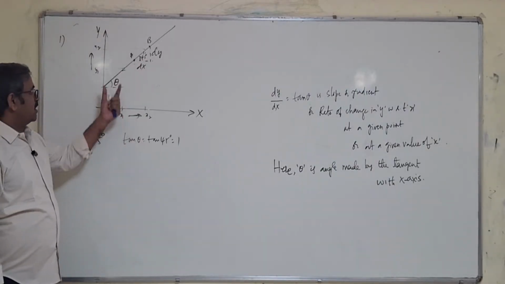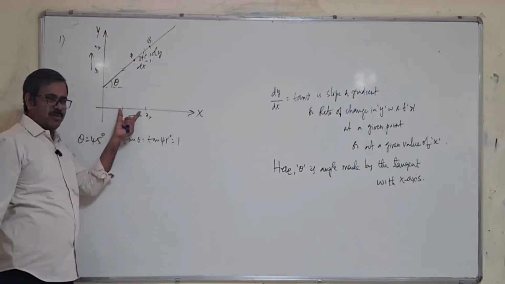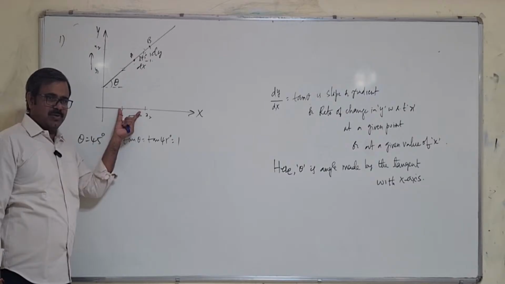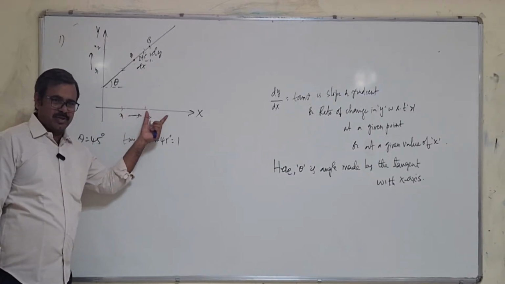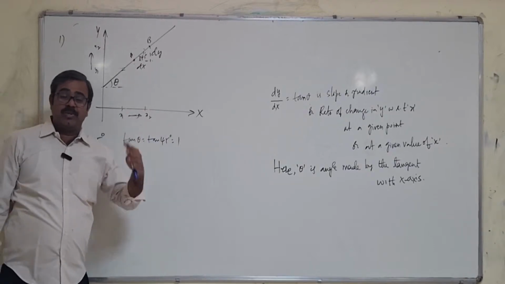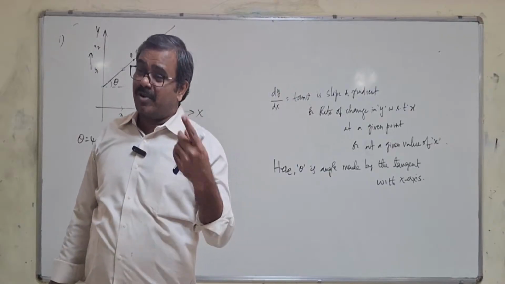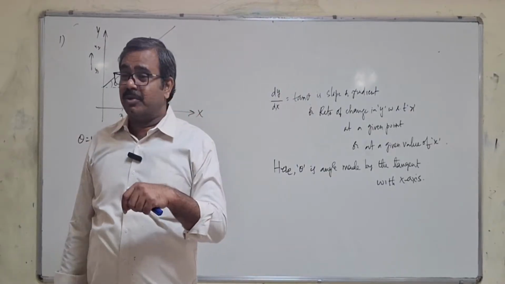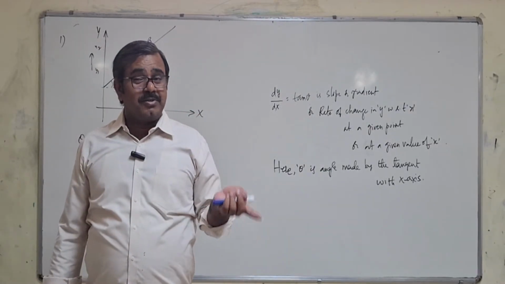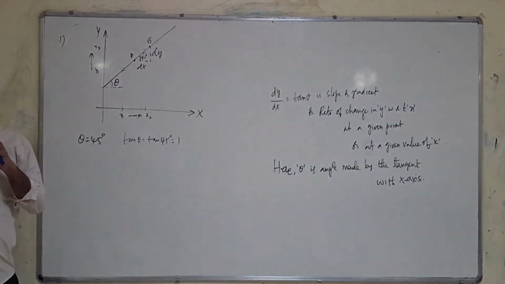When x changes by 1 unit in this interval, y changes by 1 unit. So for every unit change in x, y changes by 1 unit. So is the rate of change constant or variable? Rate of change is constant. You understand what I'm saying?